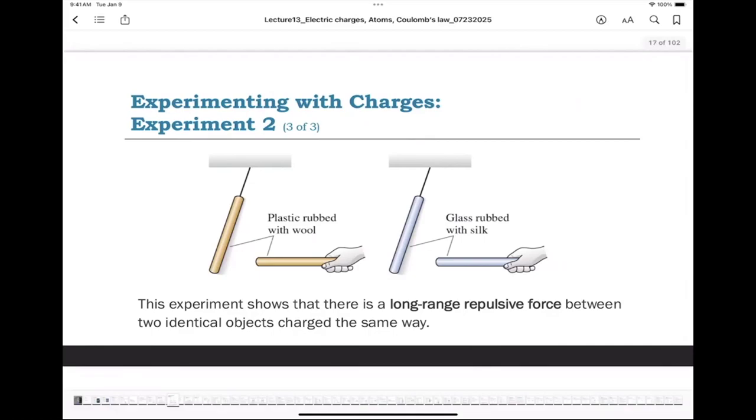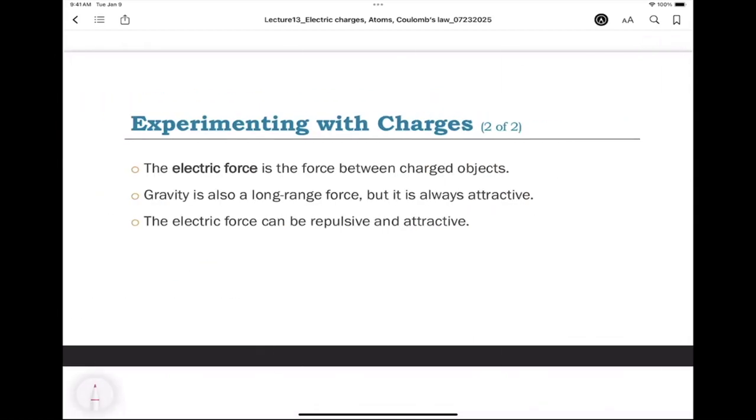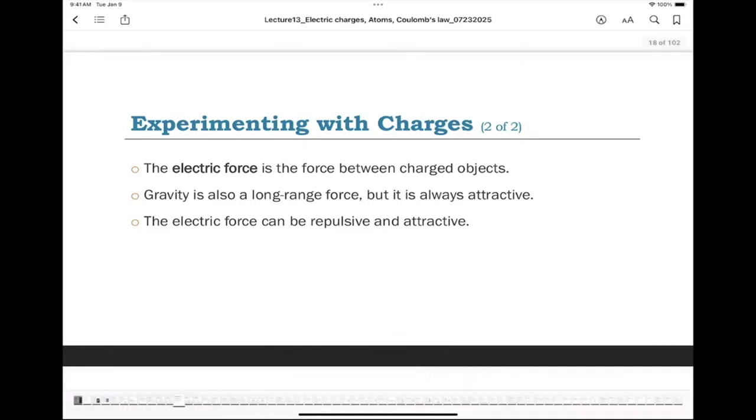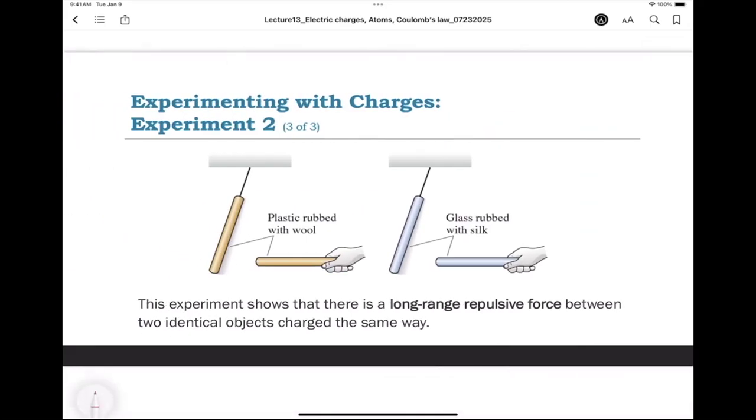This experiment shows that there is a long-range repulsive force between two identical objects charged the same way.